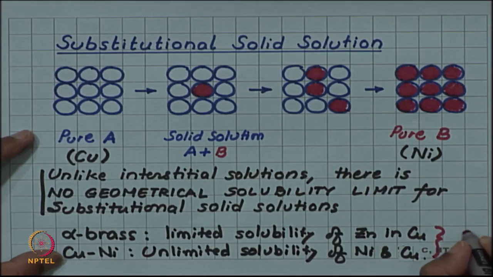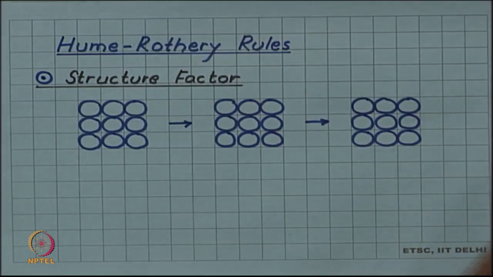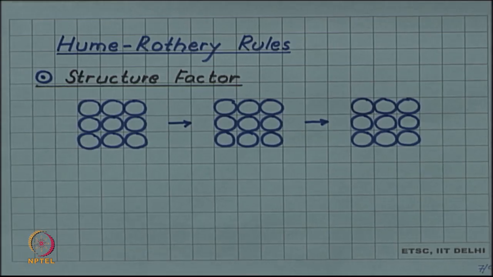So, this was an important question, and this is the question which Professor Hume-Rothery of Oxford University tried to address, and we call them Hume-Rothery rules. So, we now come to Hume-Rothery rules. These are empirical rules. What Professor Hume-Rothery did was to look at various substitutional solid solutions and various factors related to them and try to correlate them with the solubility of those elements.